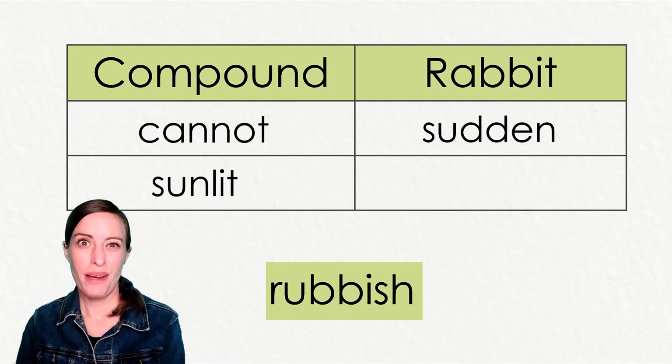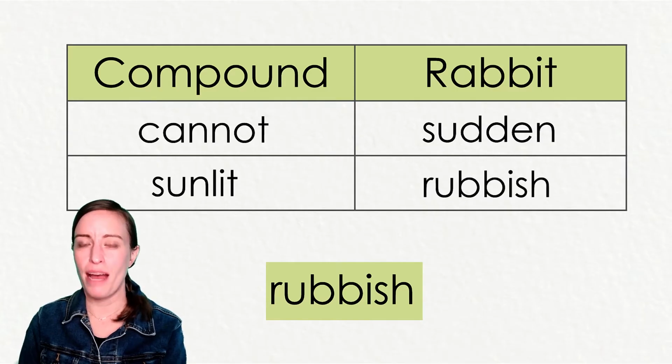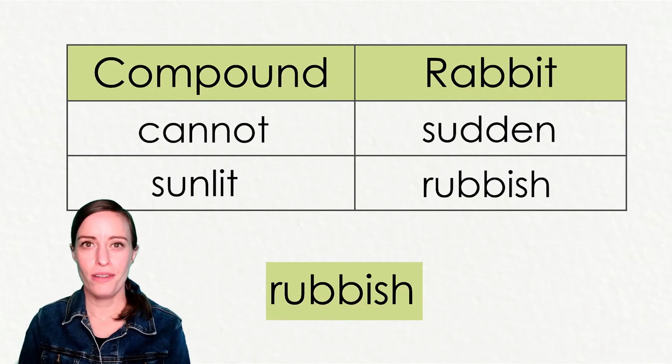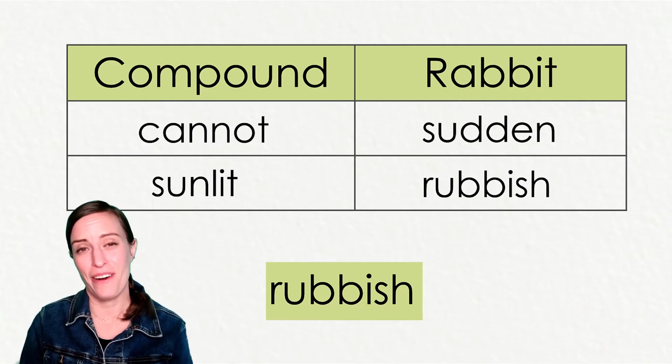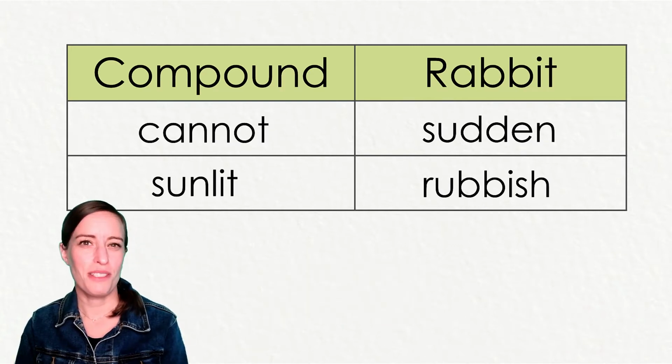Is that a compound word or a rabbit word? Rubbish is a rabbit word. Although rub is a word on its own, bish is not a word on its own. So this goes in the rabbit word column. Thanks for sorting these words with me.